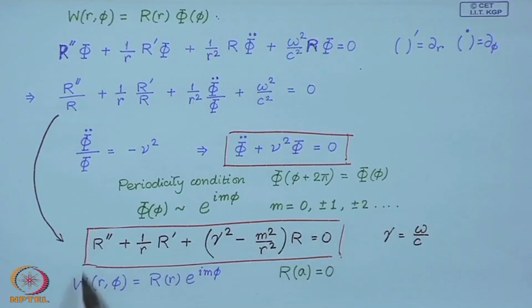So, this equation has to be solved with this as the boundary condition. Now, this is a second order ordinary differential equation, but we have only one boundary condition. So, let us see what happens, because this is going to lead us to something interesting.